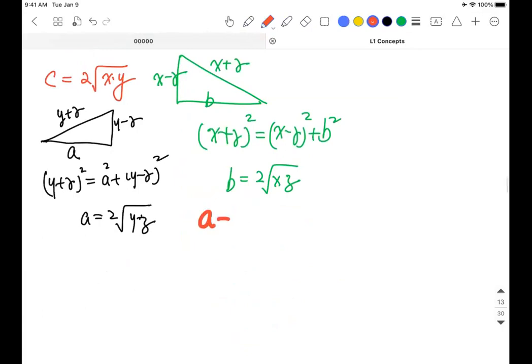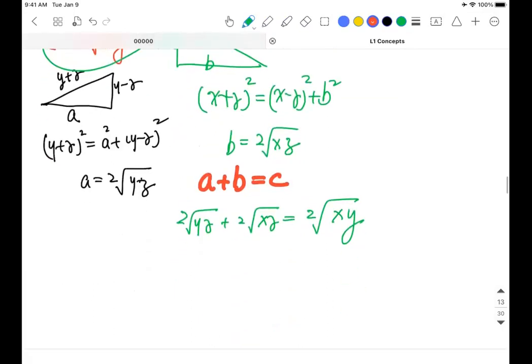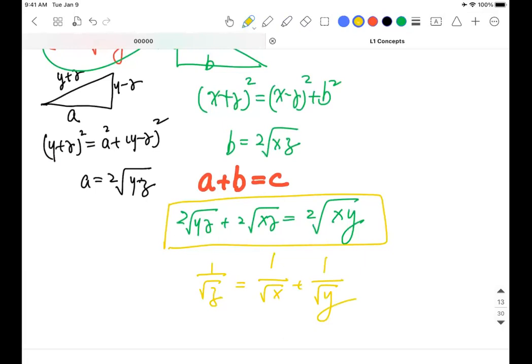So A plus B equals C: 2 root yz plus 2 root xz equals 2 root xy. You do a quick simplification, and you get 1 over root z equals 1 over root x plus 1 over root y.